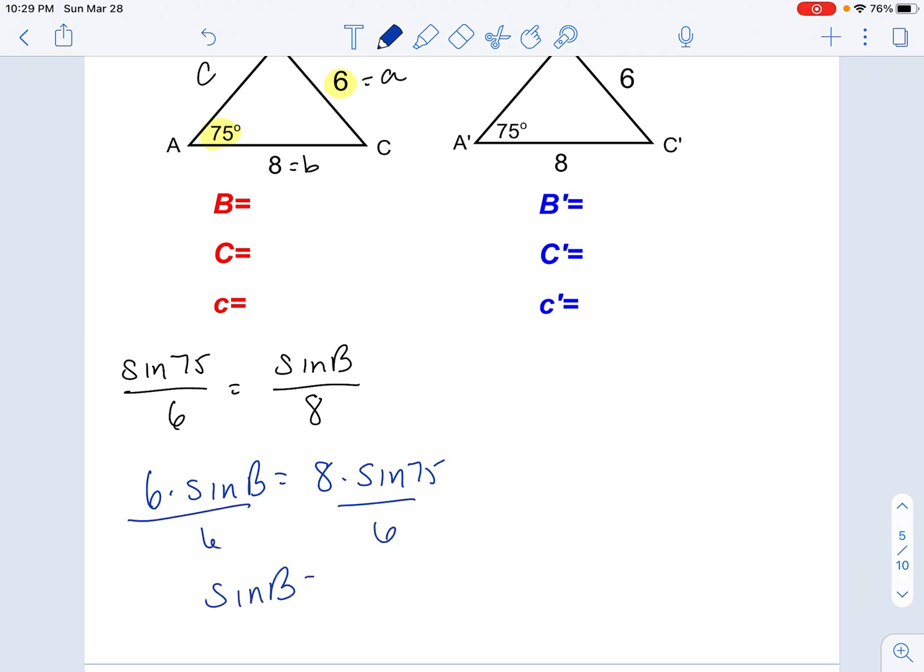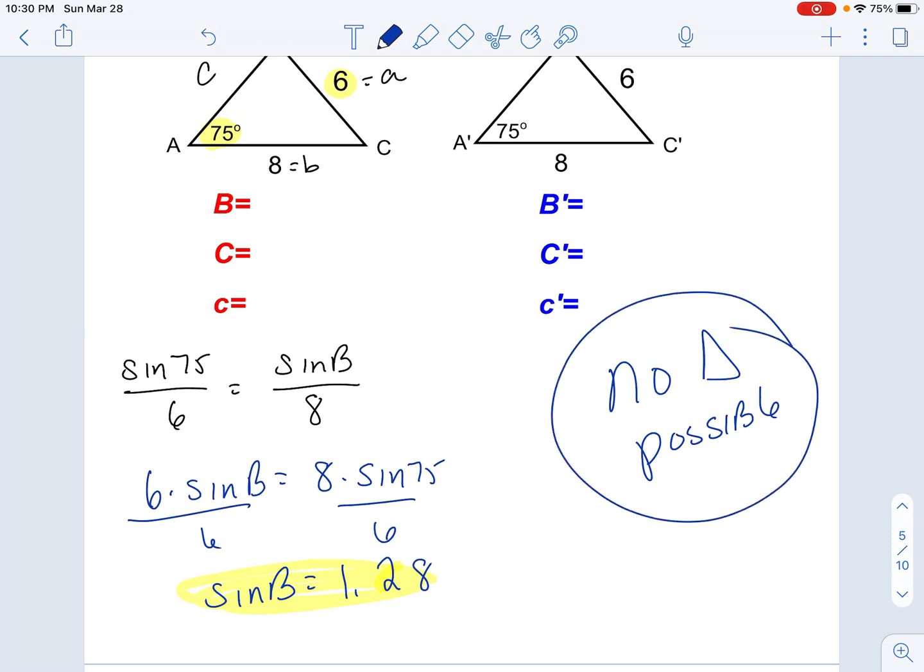Divide both sides by 6, and that gives me sine of B is equal to 8 times sine of 75. Hit enter, close your parentheses. That gives me sine B is equal to 1.28. Okay, so right away, don't even waste your time. I see that sine is bigger than 1. So in this case, there is no triangle possible.